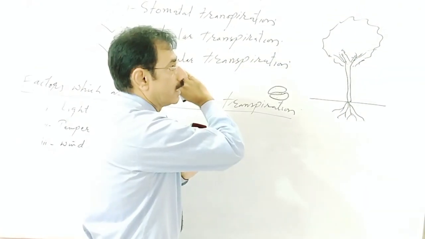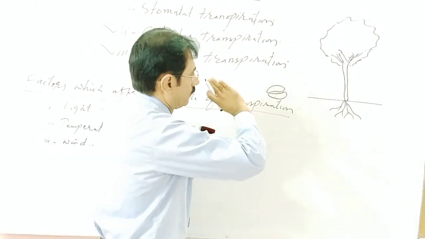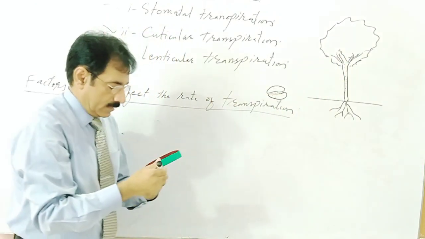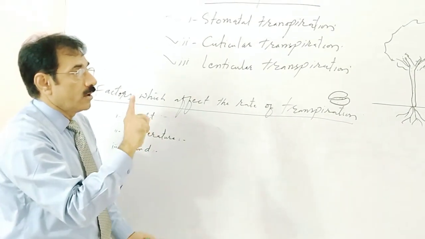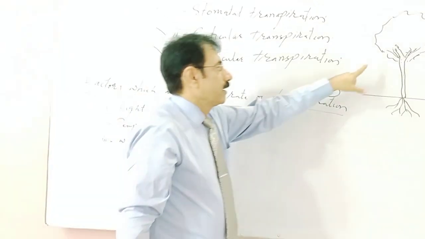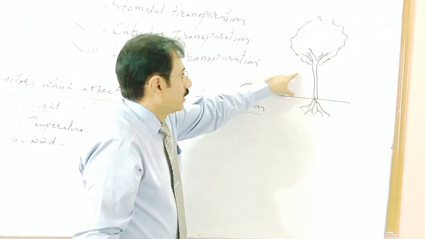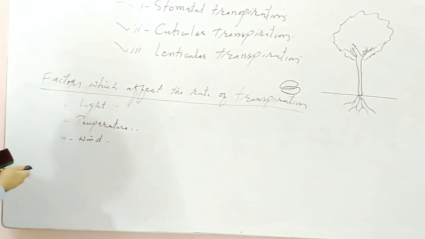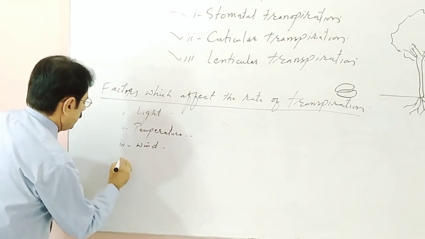When the air blows, this is called the wind, and the wind does not allow the surrounding atmospheric air to collect a higher concentration of vapors, thus the wind increases the rate of transpiration. Number 3 is humidity.